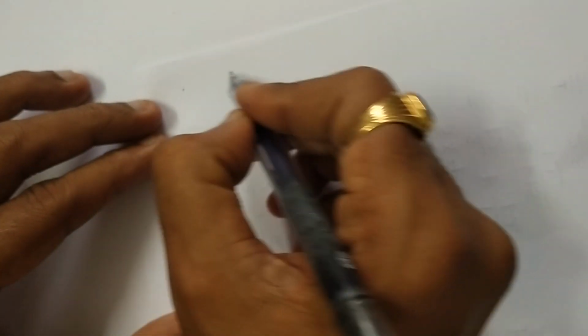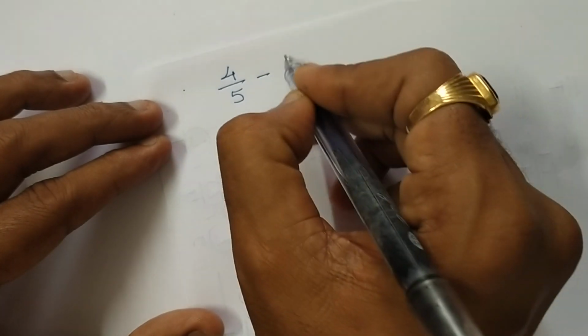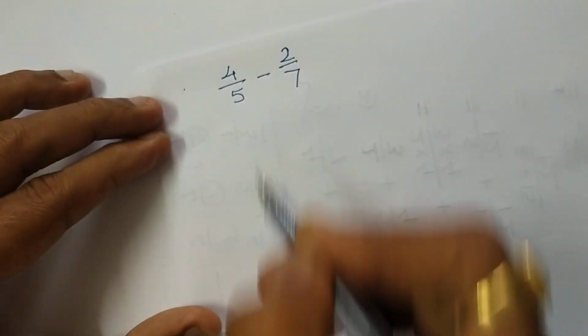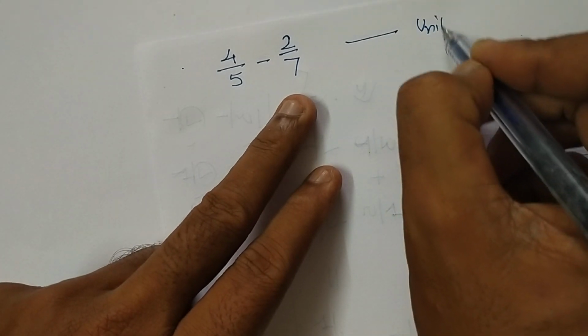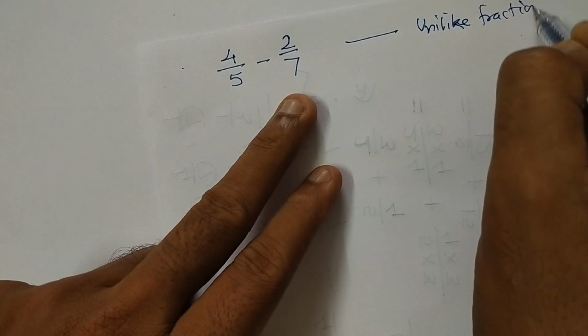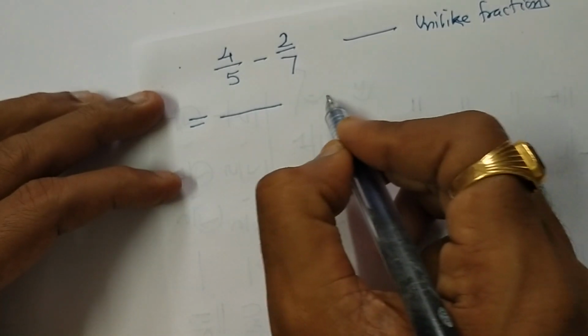Similarly, we can do one example of subtraction of unlike fractions. See here, suppose 4 upon 5 minus 2 upon 7. Now look at this, these are unlike fractions. How to do that? See here, I am doing it the same way.